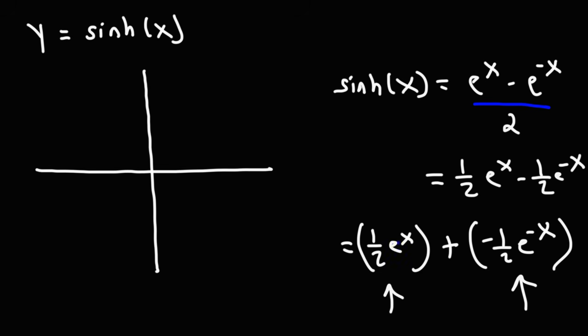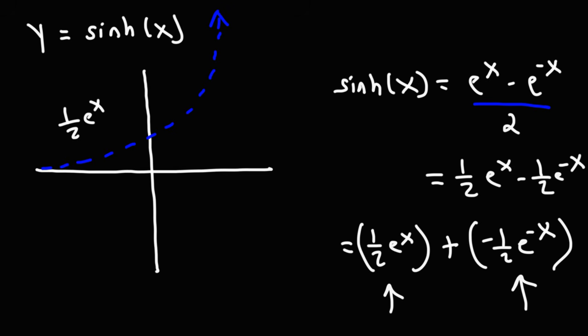Let's start with 1/2 e to the x. So 1/2 e to the x is an exponential function that looks like this. Now, if that's 1/2 e to the x, what's the negative 1/2 e to the negative x?